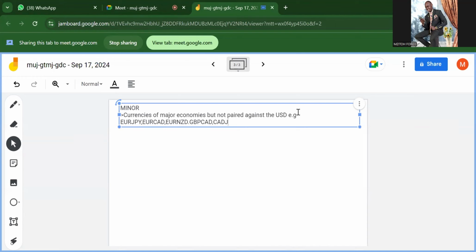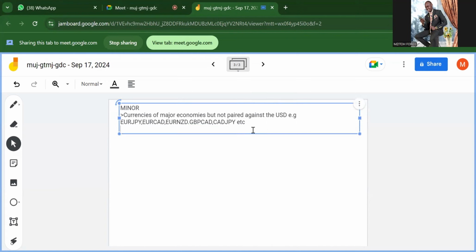There are so many, you cannot even mention all of them, et cetera. The good part is that we are going to see where to locate all these currencies.